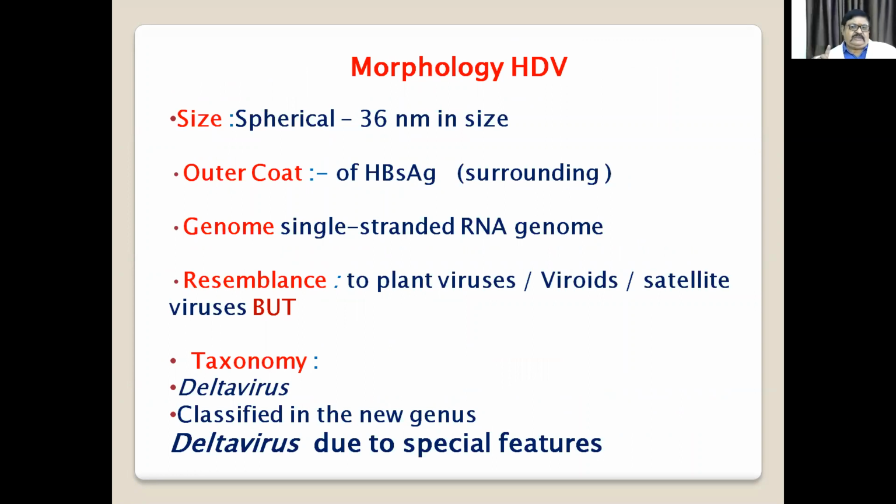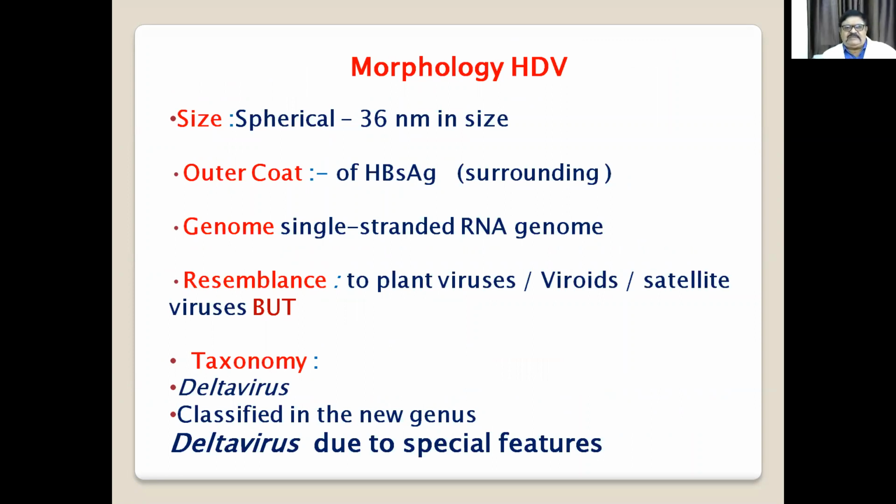Earlier we said about 27 nanometers for hepatitis A and 42 for hepatitis B, but here you get 36 nanometers in size, with a spherical outer coat of HBsAg. It depends upon the presence of HBsAg.